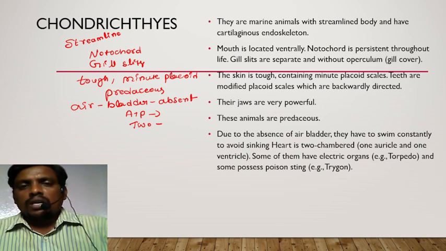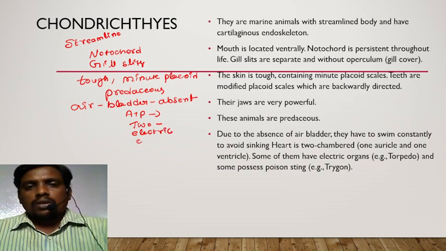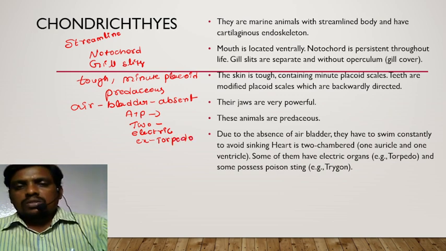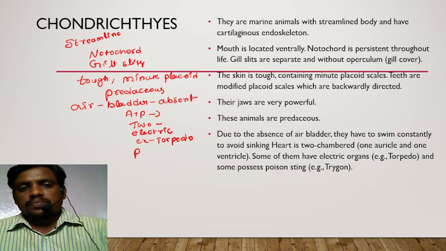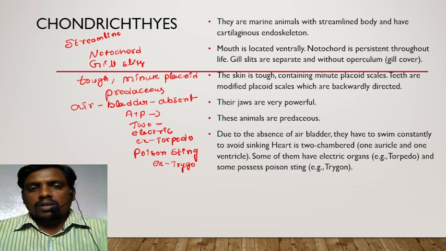Some of them have electric organs, example torpedo. Some possess a poisonous stinger, example Trygon.